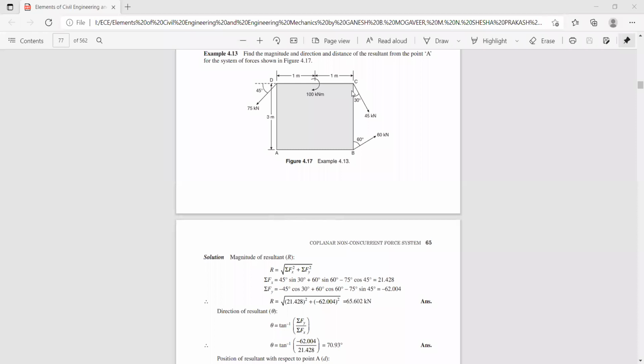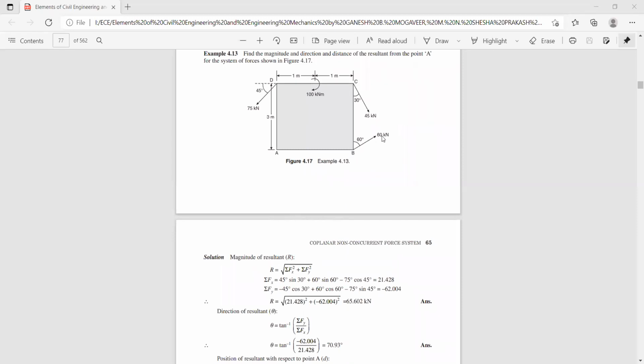And for the vertical component of this force, acting in the downward direction, 45 sin 60, it is creating a clockwise movement about point A. It is acting downwards, right? It is creating a clockwise movement and the perpendicular distance is 2 meters. So 45 sin 60 into 2 meters.